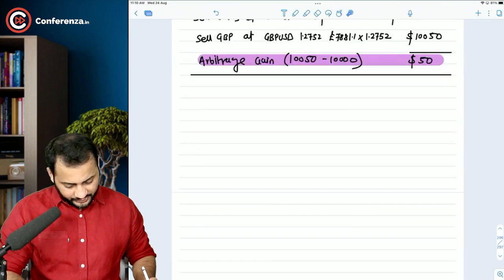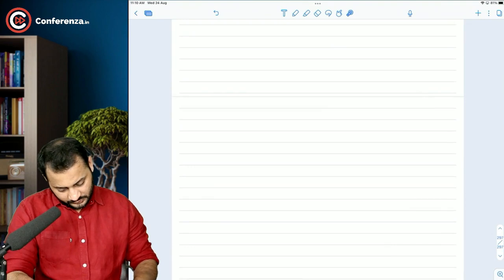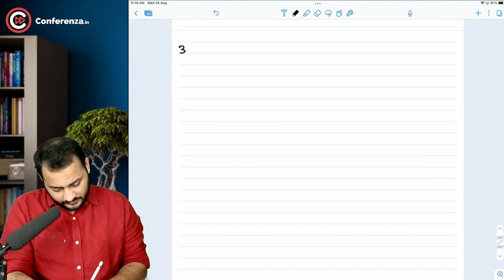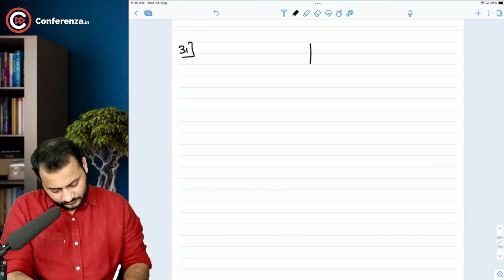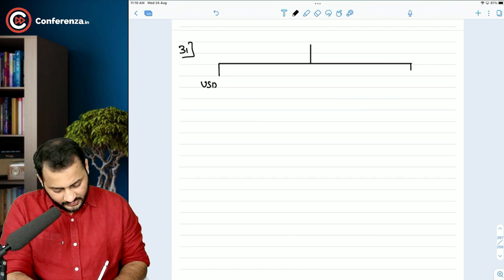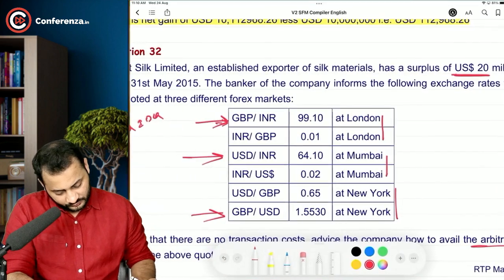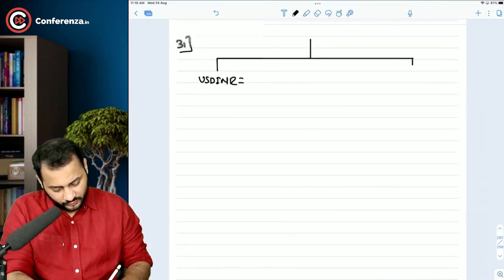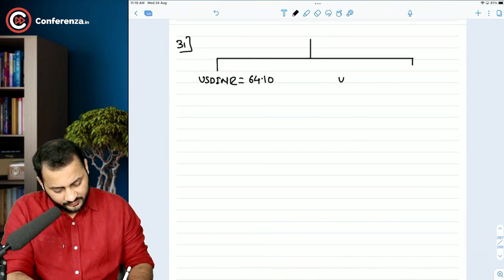So what should be the procedure? Question number 31. I am keeping the direct rate of USD INR here from the Mumbai market, which is 64.10, and then I will try to find out the same USD INR rate from the other two markets.